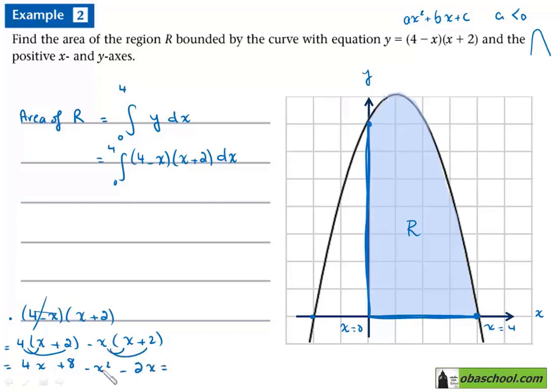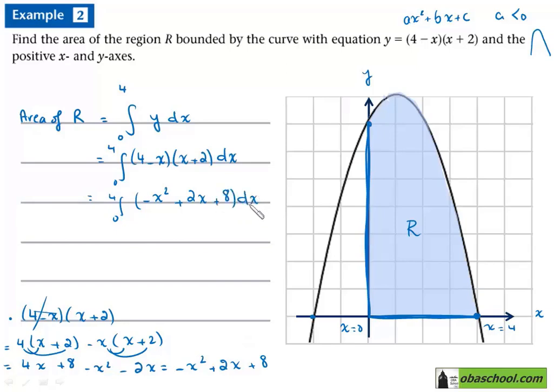Now we organize by the decreasing degree of x. Minus x squared plus 4 minus 2, so plus 2x, plus 8. This is the function. We write it above. We do the integral for the function minus x squared plus 2x plus 8 dx.